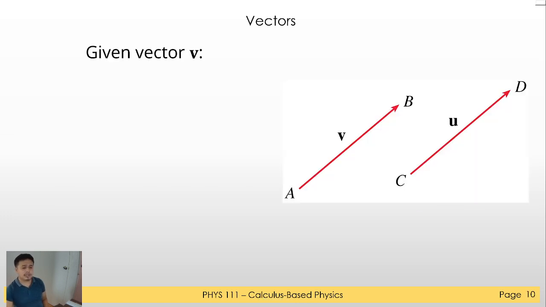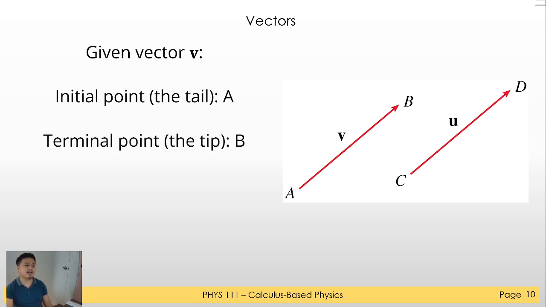Given vector v, let's imagine this vector v here. As you can see, we have A as our initial point, which is also called the tail, and B here is the terminal point, the end point, which is also called the tip. So basically, that's the vector.